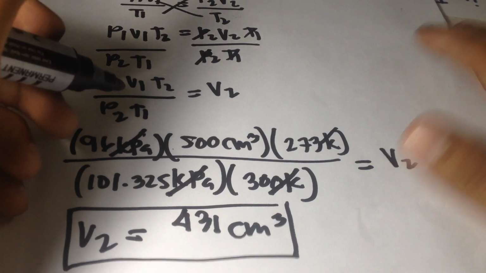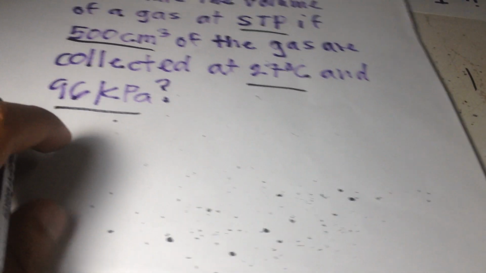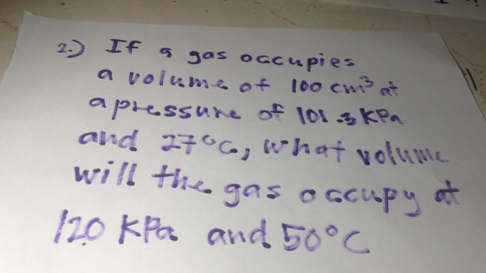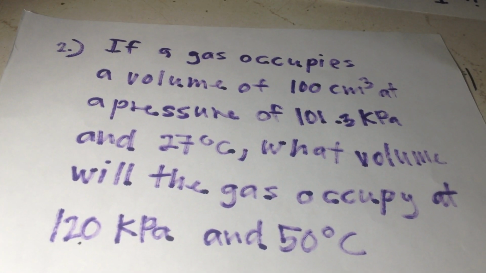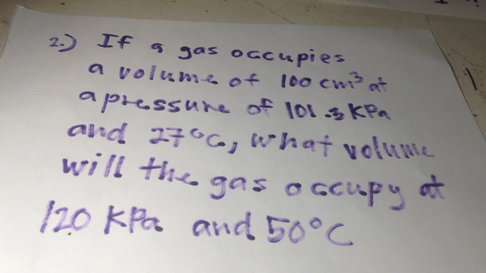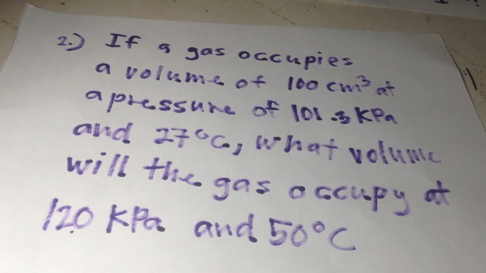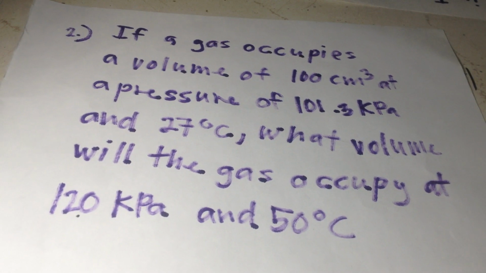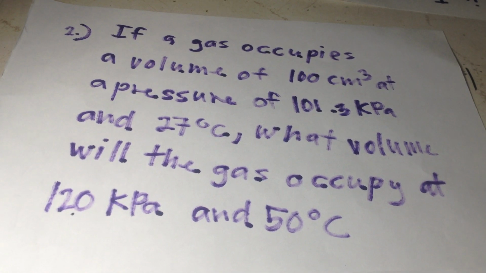Alright, how about problem number 2? If the gas occupies a volume of 100 cubic centimeter at a pressure of 101.3 kilopascal and 27 degrees Celsius, what volume will the gas occupy at 120 kilopascal and 50 degrees Celsius?